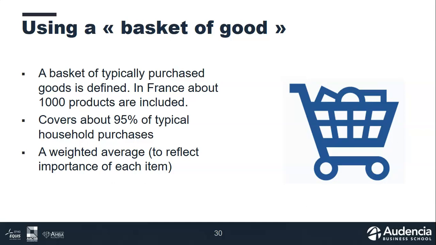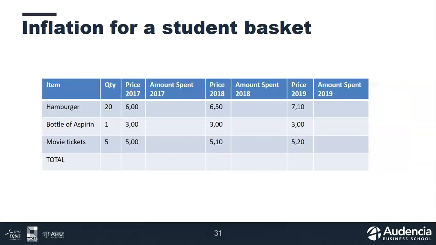Well, we don't buy jewelry all the time. It's not important for us in our budget. We buy it now and then, but certain food items, we tend to buy a lot of. So we're going to weight them accordingly because it reflects a bigger part of our budget over time.